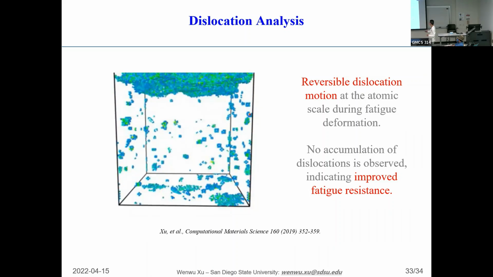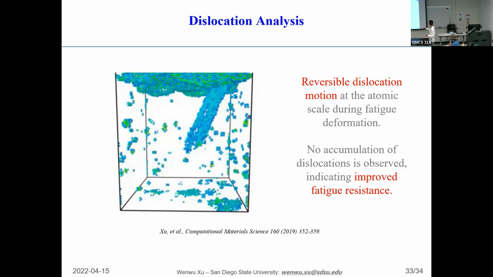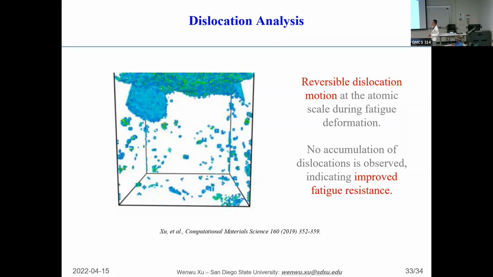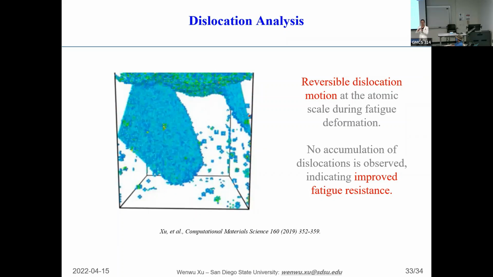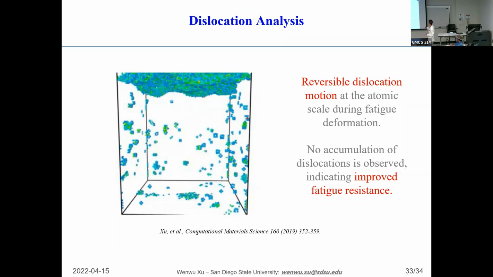And then let's see another example. We also see a dislocation generated, and during the release of the force, the dislocation moves back, and then there's another example. And you can see, indeed, we see some kind of reversible dislocation motion.